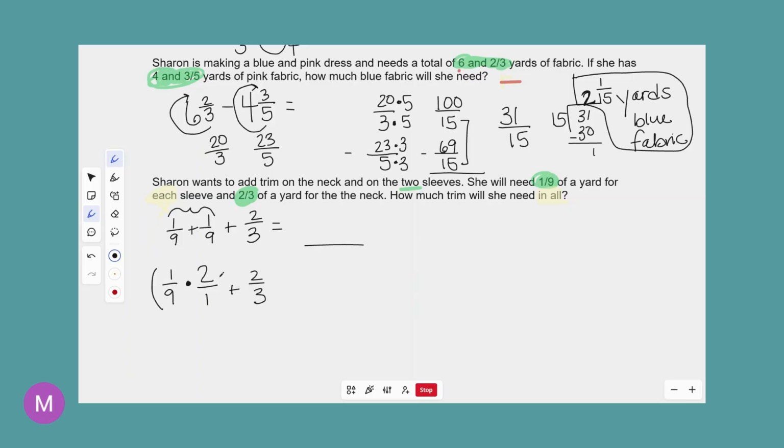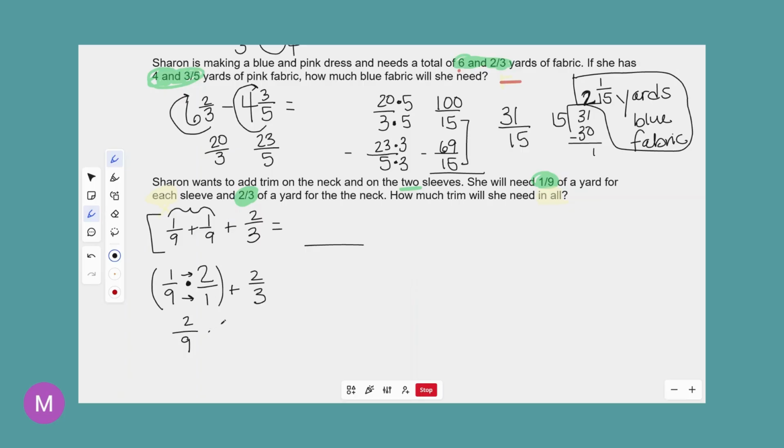So we always know order of operations. We're going to do our multiplication first. Multiplication, we go straight across. 2 times 1 is 2. 9 times 1 is 9. So obviously up here, if you did this, 1/9 plus another ninth is 2/9. So that is accurate there.